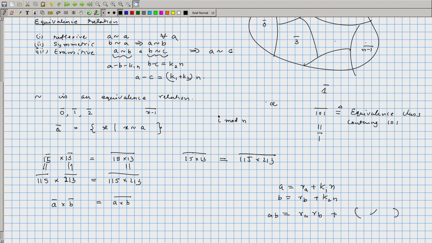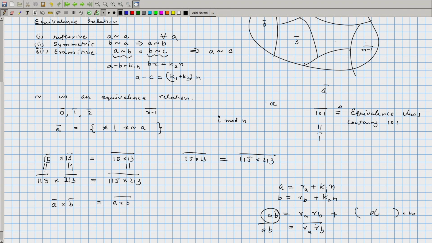So, this is some expression alpha times n. If you look at AB and consider the equivalence class of AB, that is going to be the same as the equivalence class of the remainder of AB.